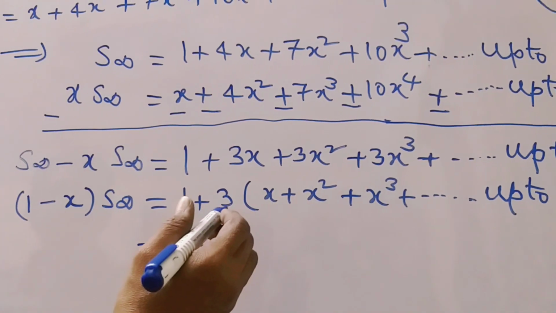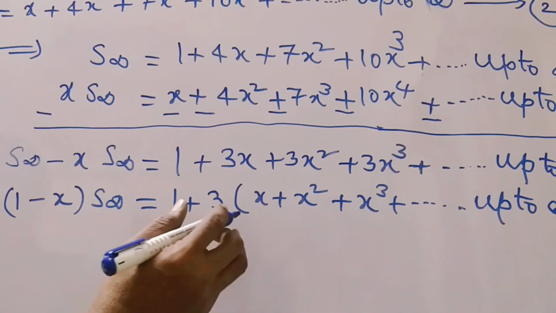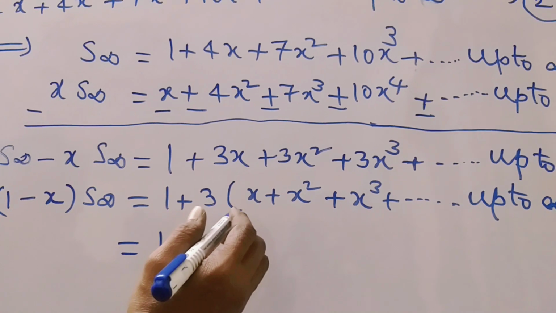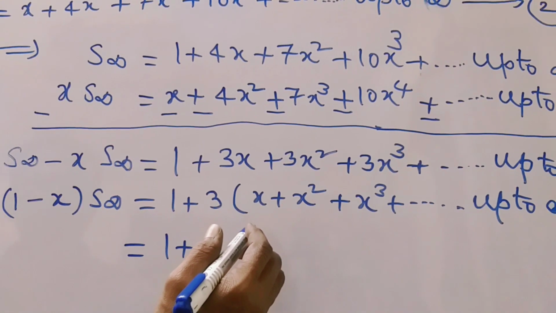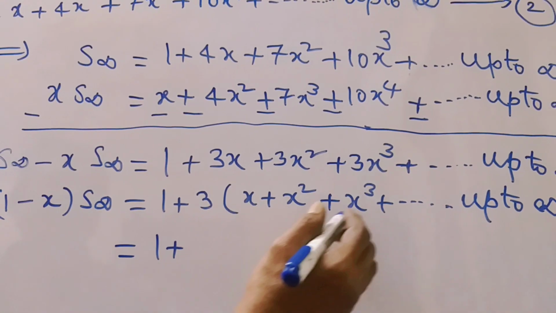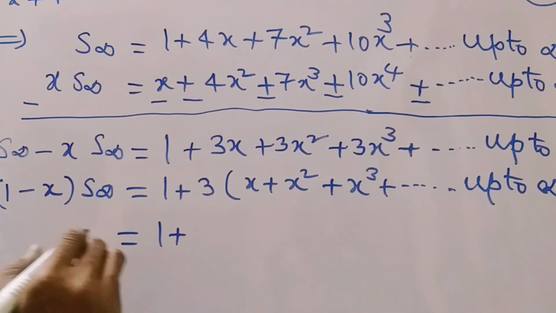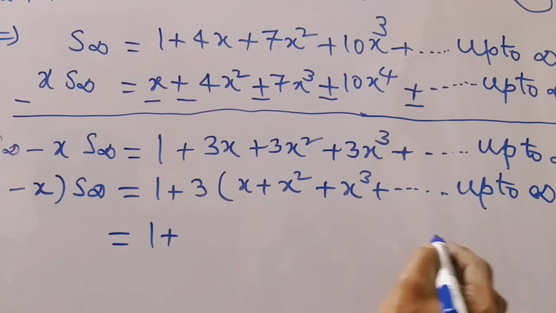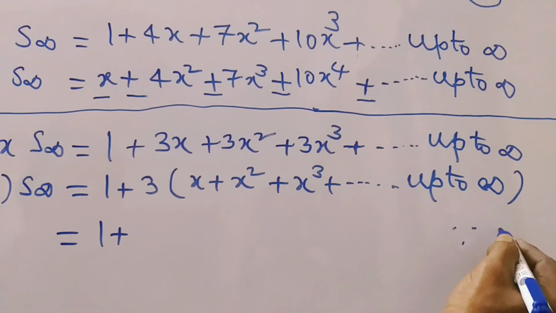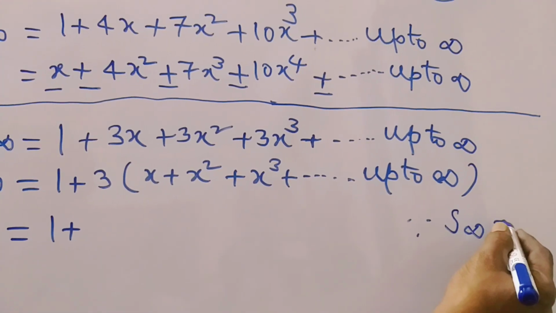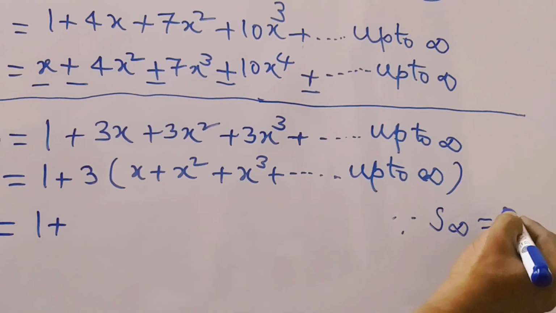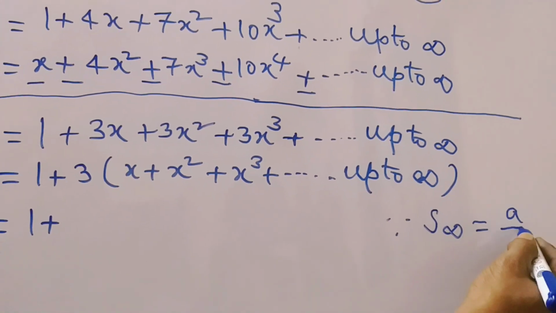So this is an infinite series, that means here we have a sum to infinity. We have the sum to infinity formula: sum to infinity is equal to a by 1 minus r.